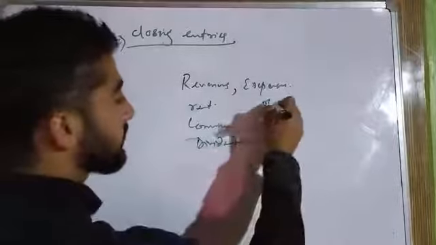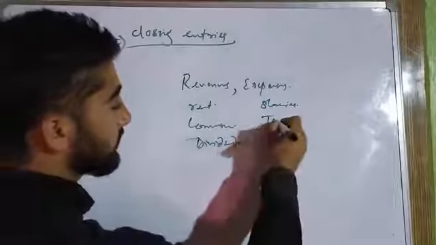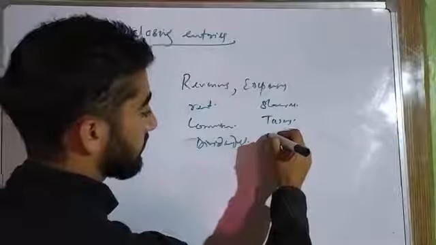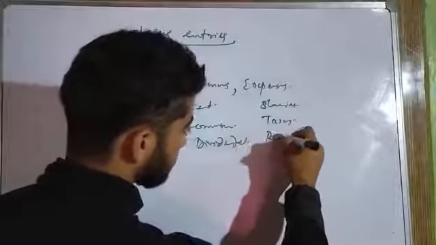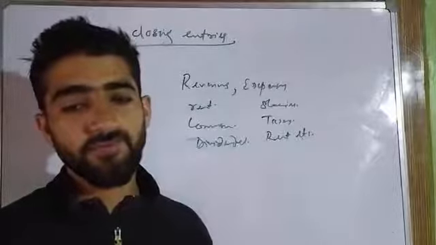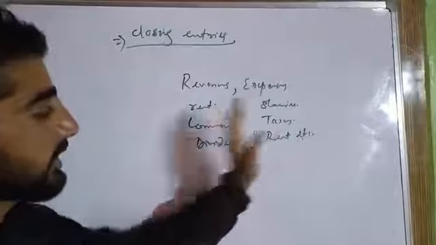Expenses: salaries, taxes, rent, etc. Rent paid is an expense, rent received is an income. So these are revenue accounts and these are expense accounts.